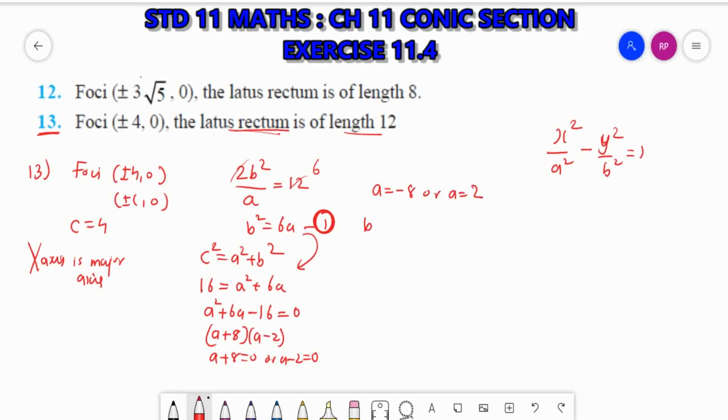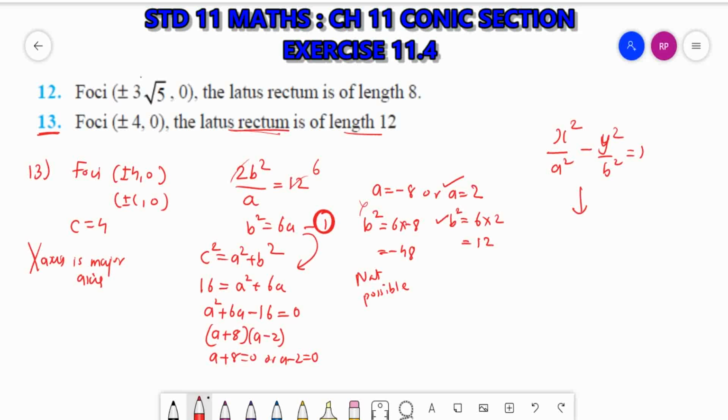So a equal to minus 8 will give us b square equal to 6 into minus 8, that is minus 48, and this is not possible because square cannot be negative. Now a equal to 2, that means b square is equal to 6 into 2, that is equal to 12. Okay, so a equal to 2, b square equal to 12.